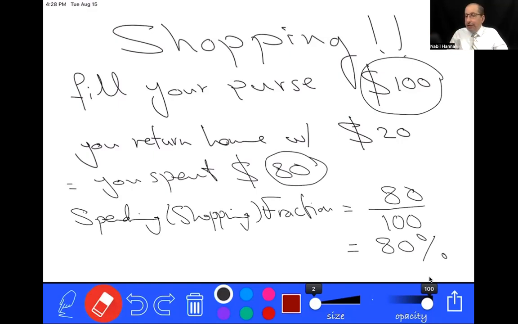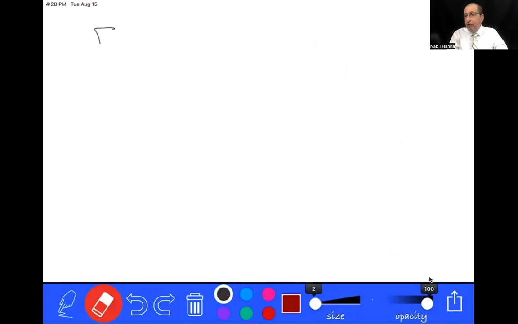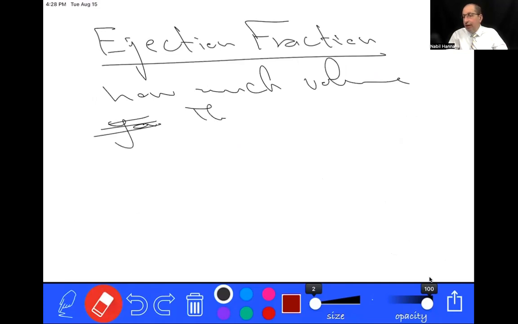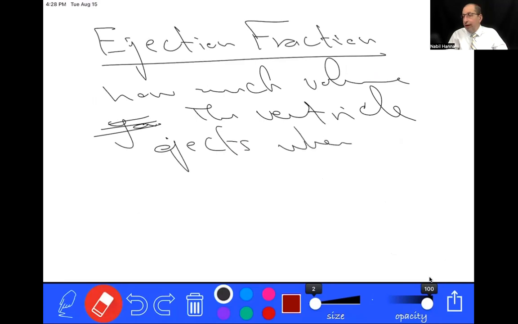When we apply this to the heart and we talk ejection fraction, it's how much volume the ventricle ejects when it is full.